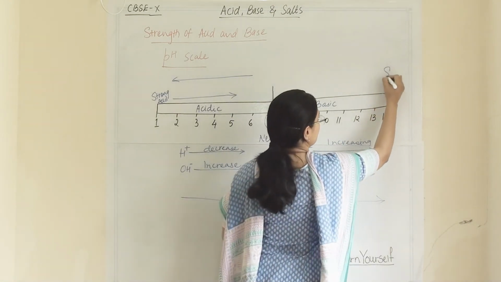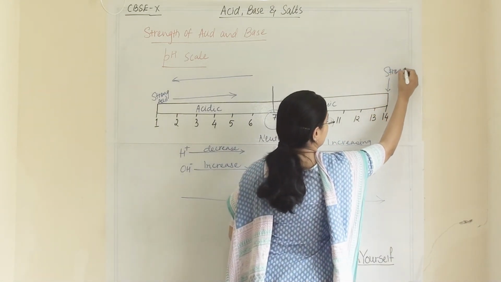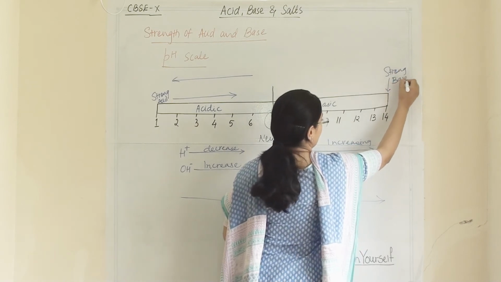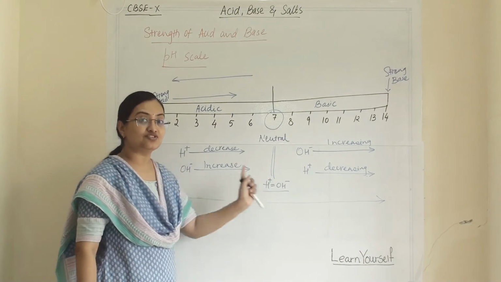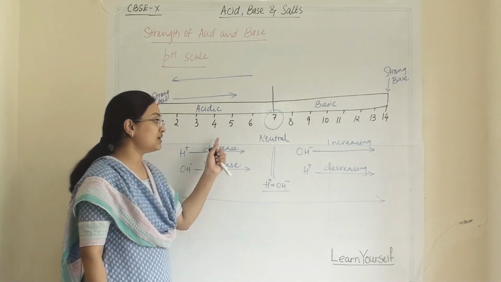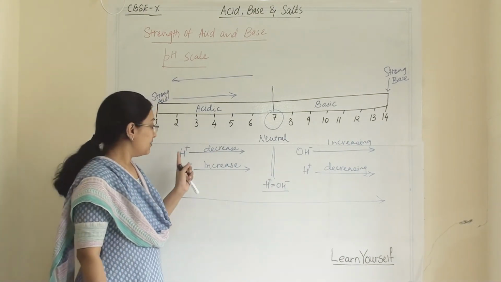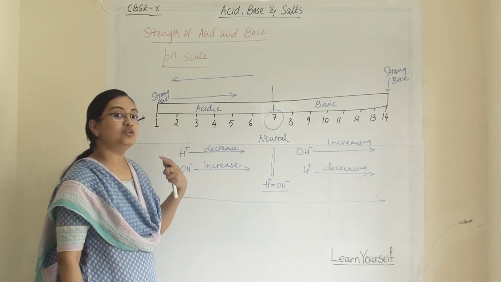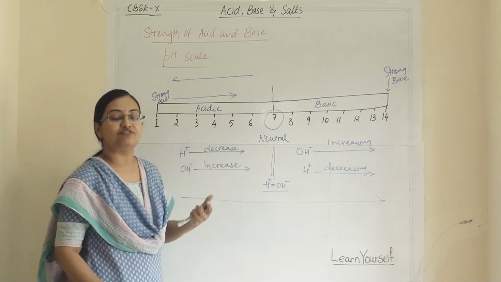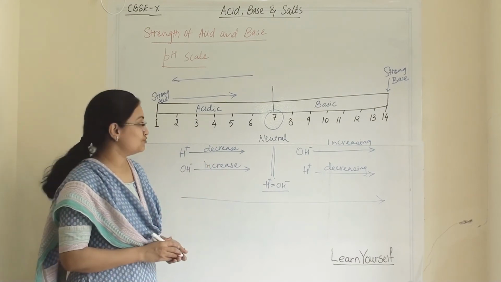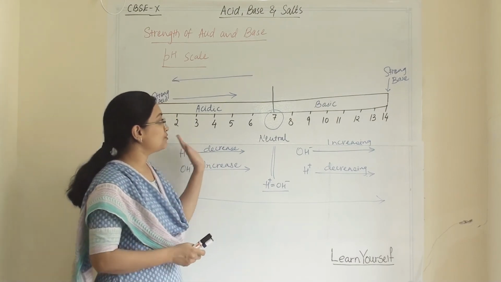So throughout the pH range, both ions will be present, but depending on which ion is dominating, that character will reflect in the solution. So this is all about the pH range.